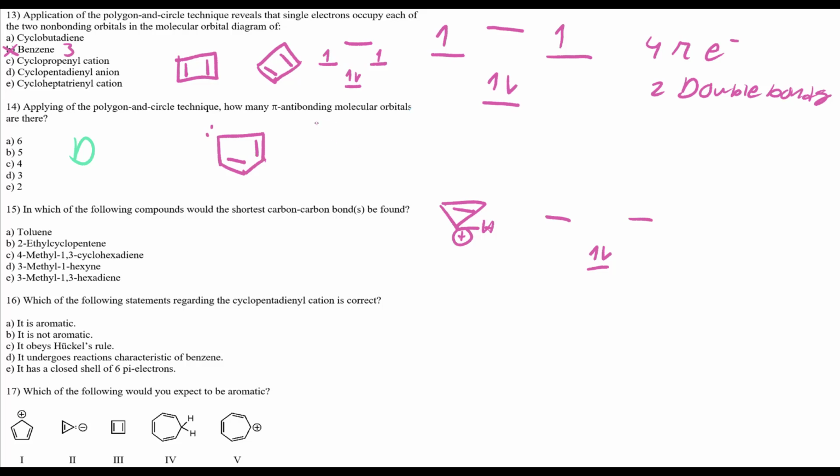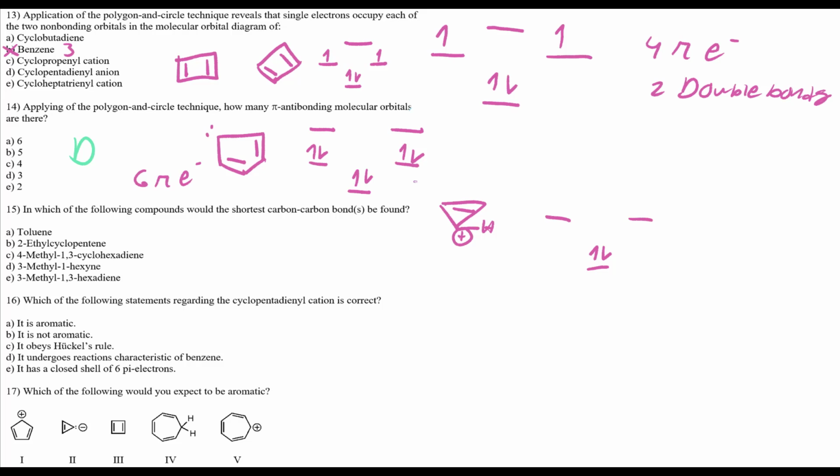Okay, so it will look like this. Right, so 1, 2, 3, 4, 5. We have 2, 4, 6 pi electrons. We have 6 pi electrons. Okay, so we have 1, 2, 3, 4, 5, and 6. Well, the issue here is that my non-bonding orbitals, the middle ones, well, they have 2 electrons, and I need them to only have 1 electron. That's the issue. That's not good.